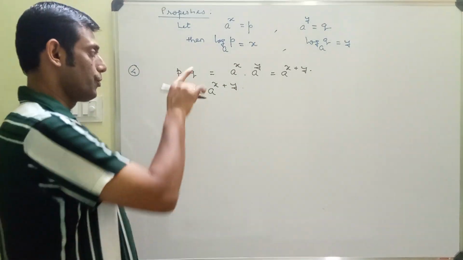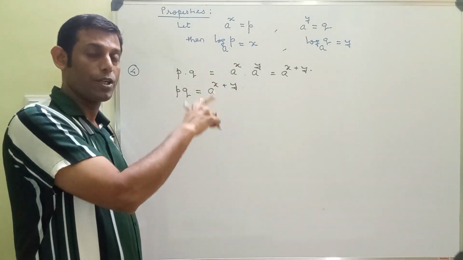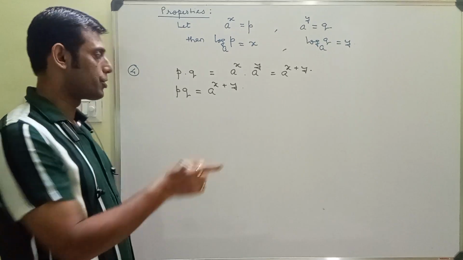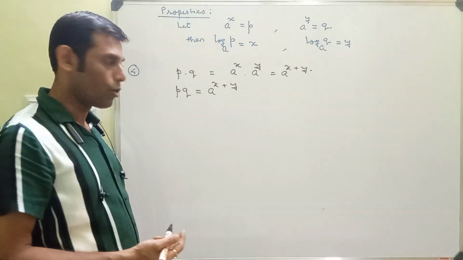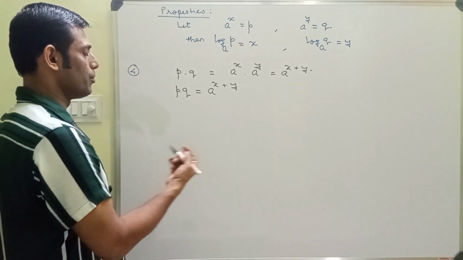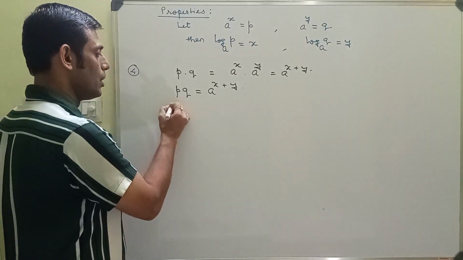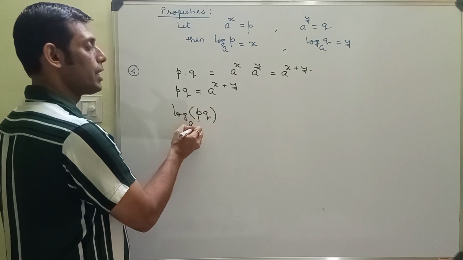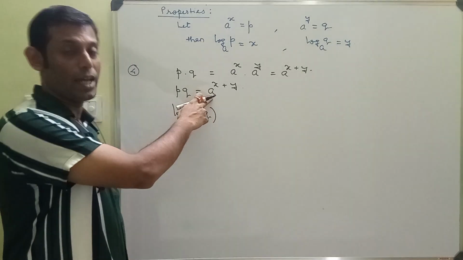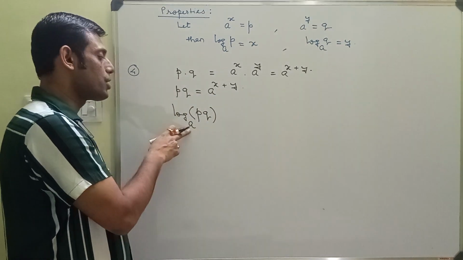And hence, this being an exponential description of the relation between the product and the sum, we can convert this to the logarithmic form. The logarithmic form would look like this: log of PQ base a. The base of the exponential turns into the base of the log.